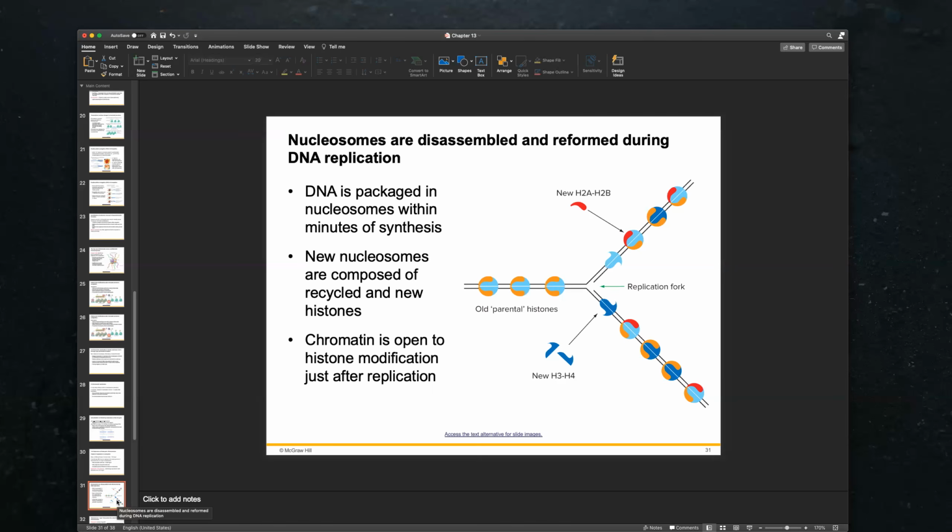So you see how the old parental histones are disassembled, and then the new ones are reformed.